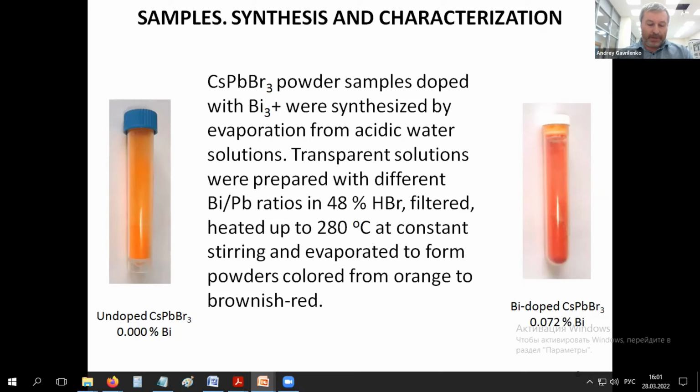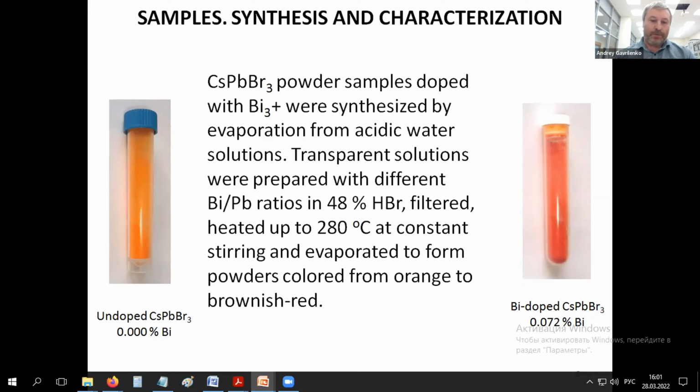A 5% excess of lead bromide solution was added into the resulting solution to suppress formation of the Cs4PbBr6 phase.